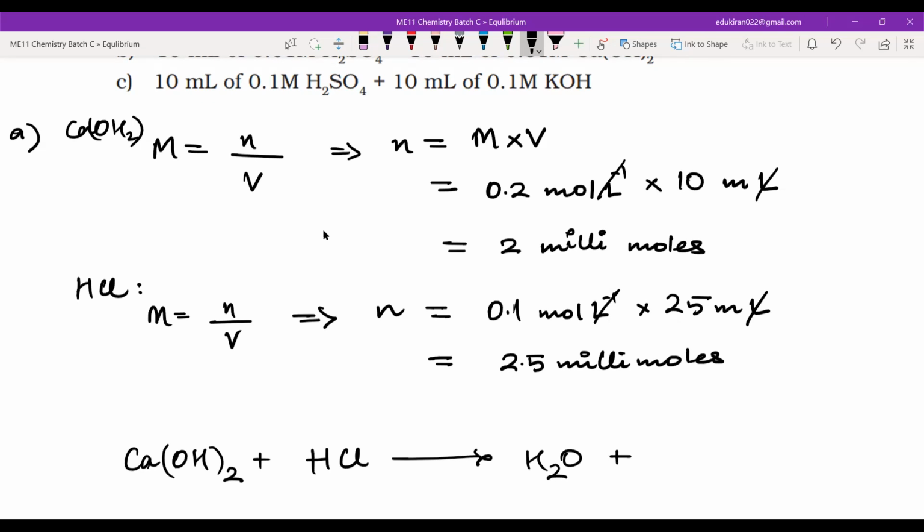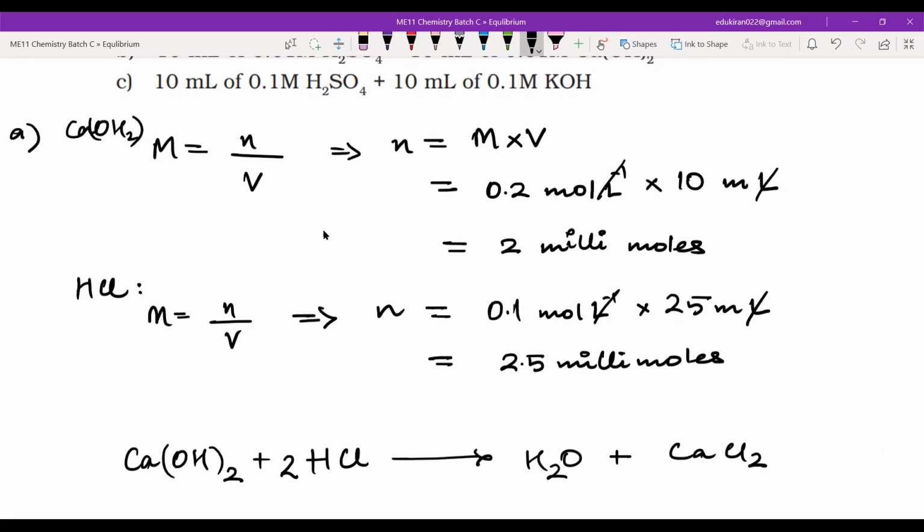Now you can see what remains, CaCl2, because Ca has 2 positive charge and chlorine has 1 negative charge. So Ca has the valency of 2, chlorine has the valency of 1. Criss-cross, and you will get CaCl2. Next is balancing this. If I write 2HCl, then it is completely balanced.